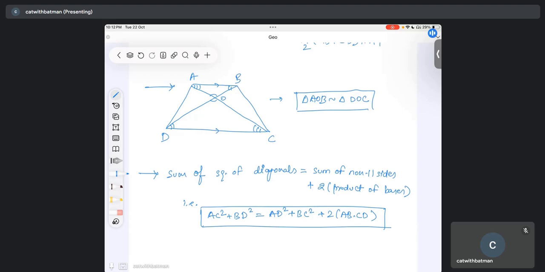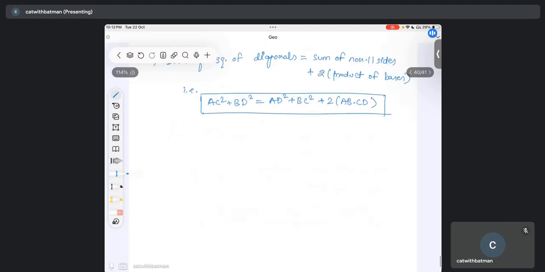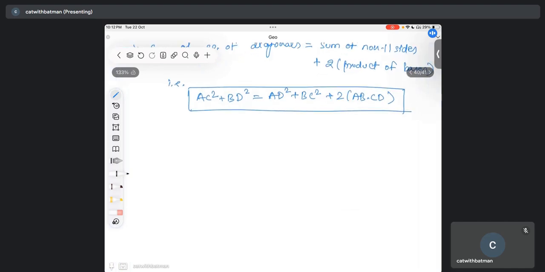Last but not the least, a seventh property of your quadrilaterals, which is very, very important. I'll mark a star above this as well.